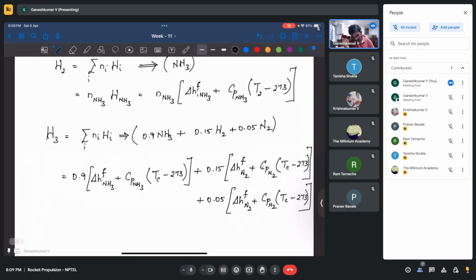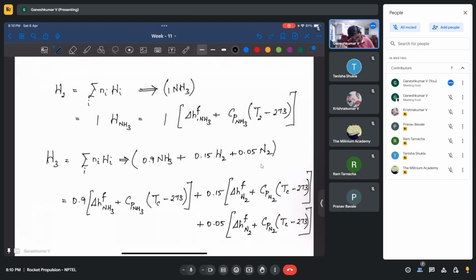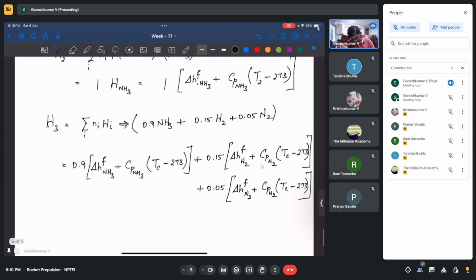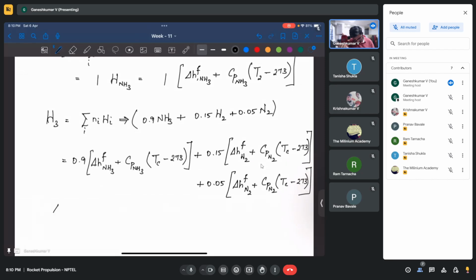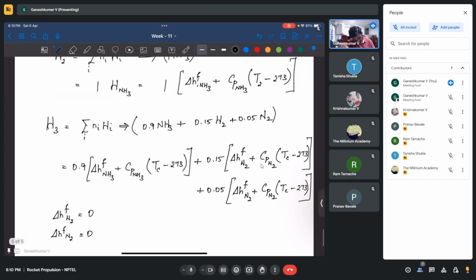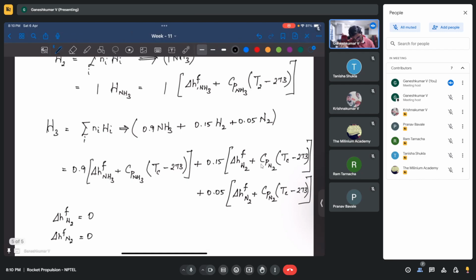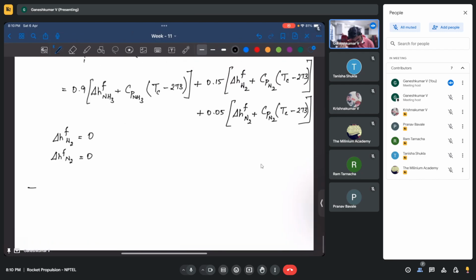We know the number of moles of NH3, you can take it as 1. So currently we are dealing with 1 only, and that is how we wrote the equation. So it's going to be 1 mole of NH3, and we know that delta HF of H2 and N2 is going to be 0. Cp of H2, N2 and NH3 is given. So let's try this.